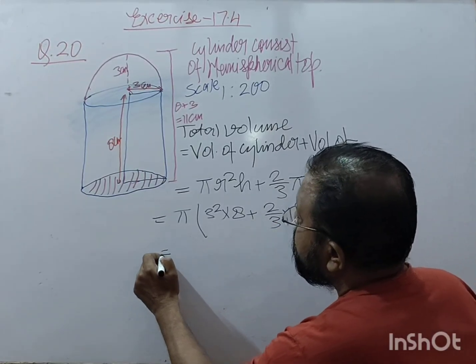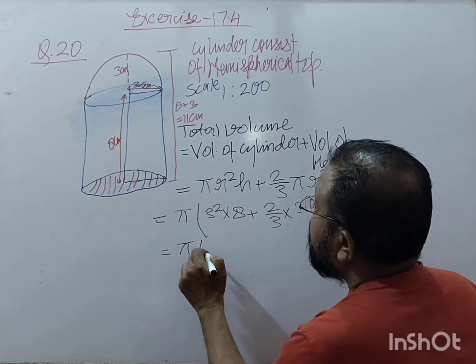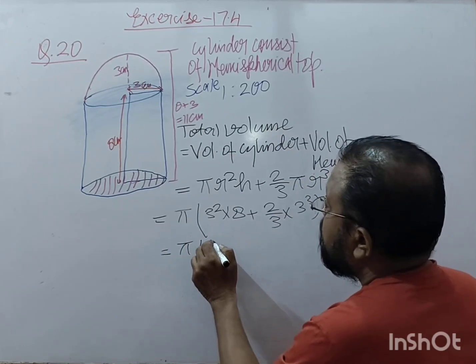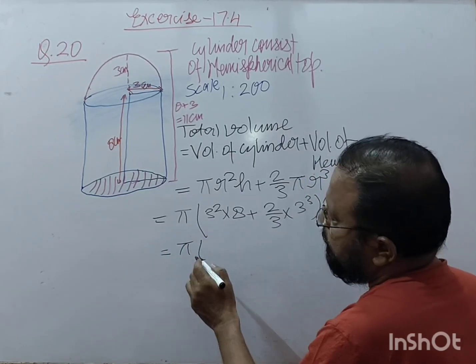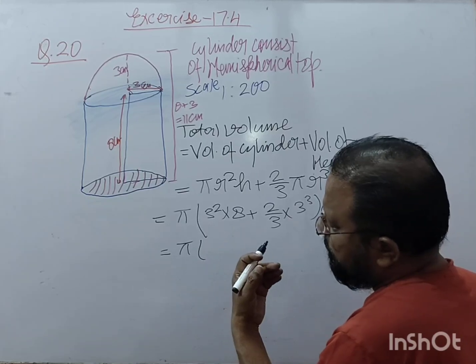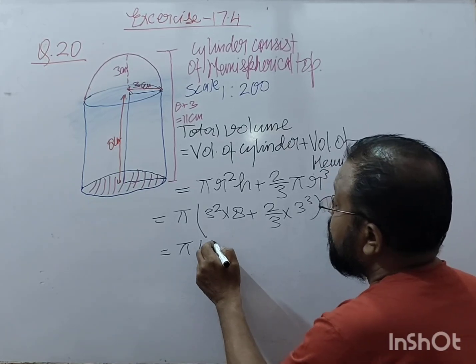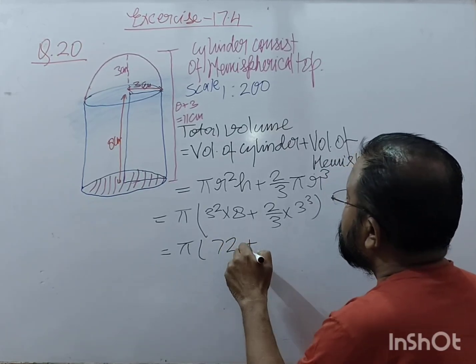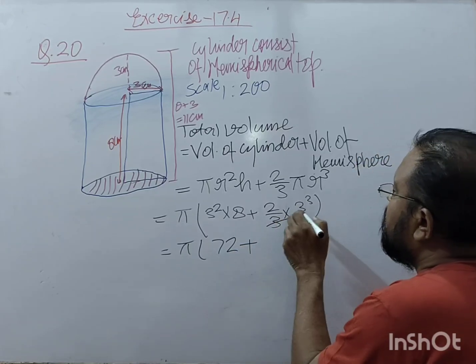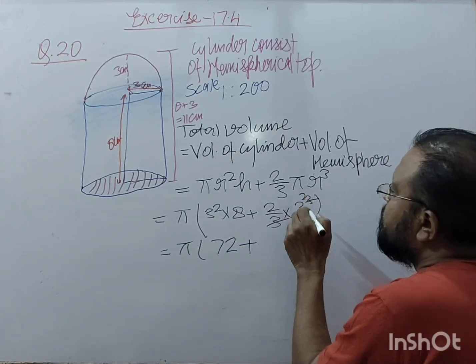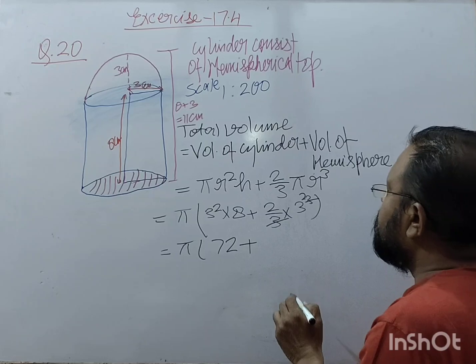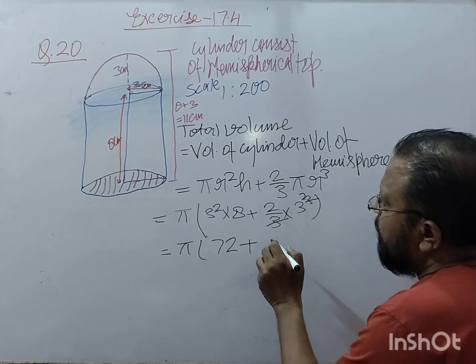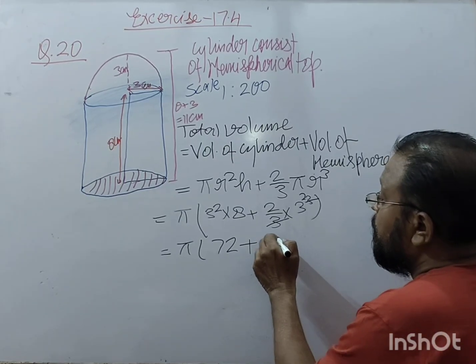So it becomes pi bracket 9 into 8 becomes 72 plus, 3 is cancelled, so it is 9 times 2 becomes 18.